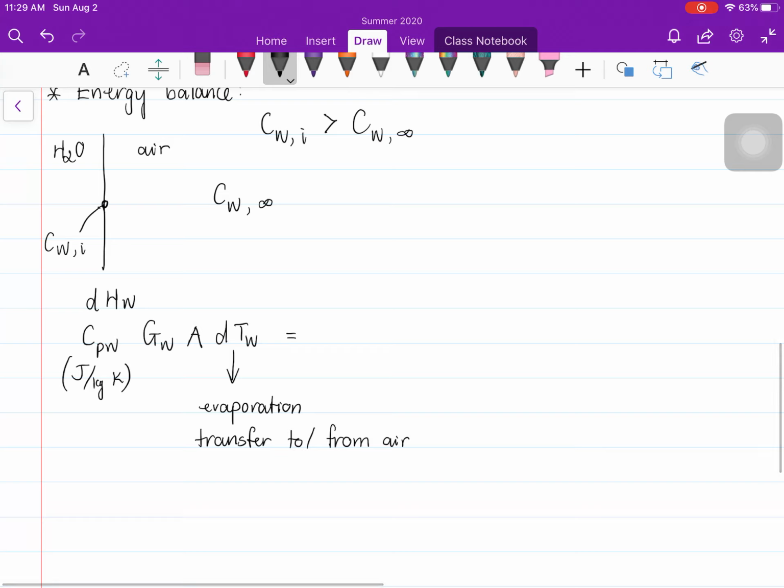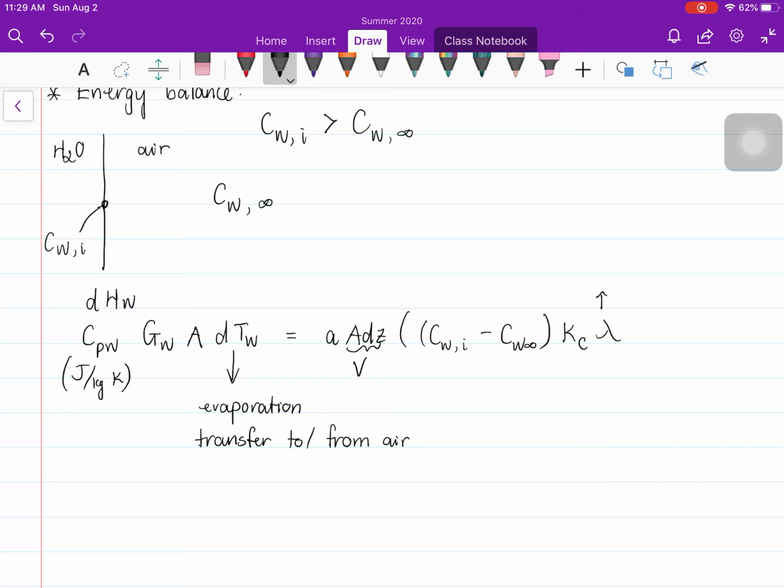And then that would be equal to the area of contact per volume, lowercase a, times volume, which is A times dz, or area times height, times the difference in concentration of water at the interface and at infinity, times Kc times lambda.